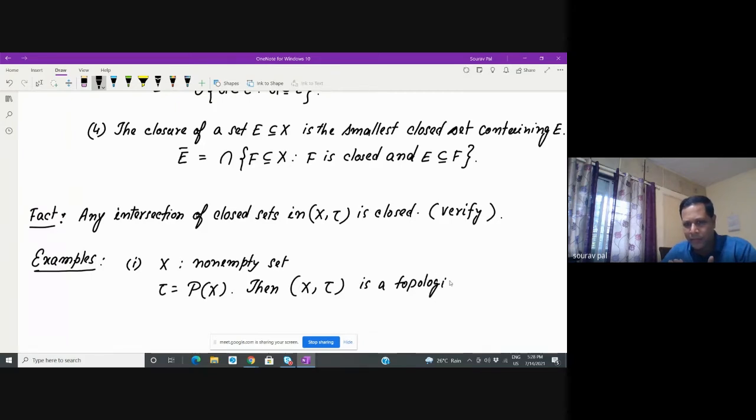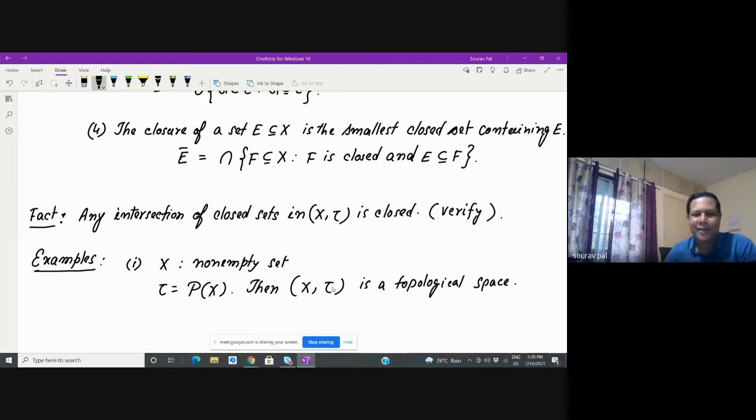Why? You need tau to be closed under arbitrary union and finite intersection. Nevertheless, the empty set and the whole set are there because it collects all the subsets of X. So it is closed under any union of sets inside it, and closed under any finite intersection.